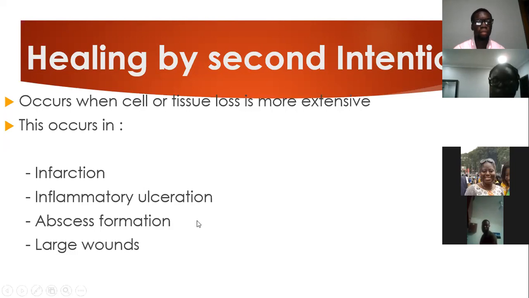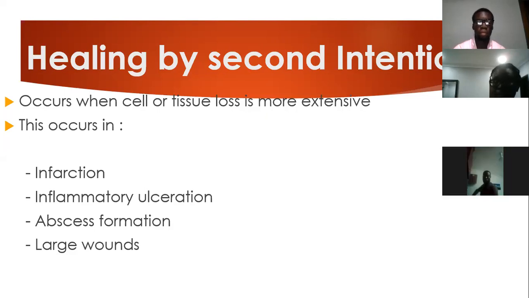As a rule, in surgery, you don't suture wounds with extensive tissue loss which is complicated by infection. For example, if you have an abscess which ruptures, you don't go and suture the hole that is left.